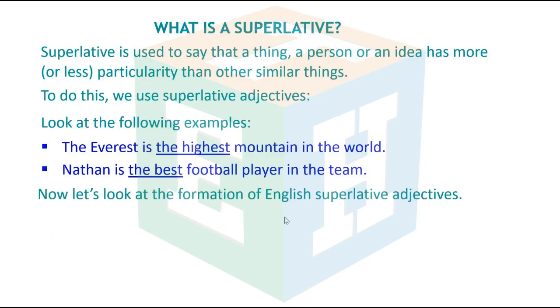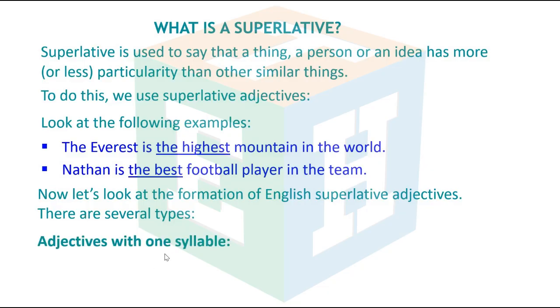Now let's look at the formation of English superlative adjectives. There are several types. Adjectives with one syllable. Examples: fast, great, quick, short, tall.